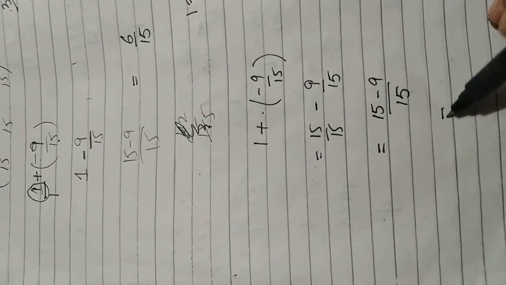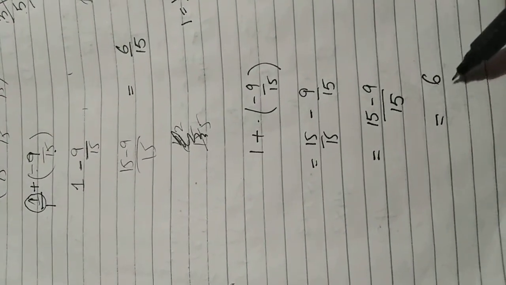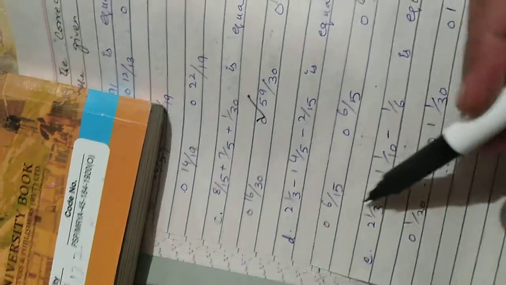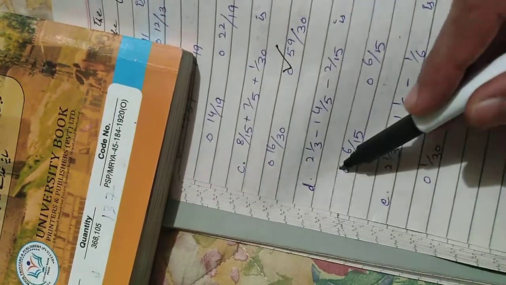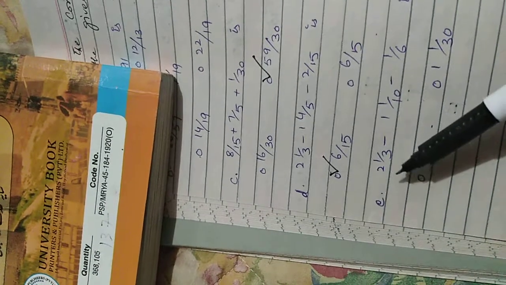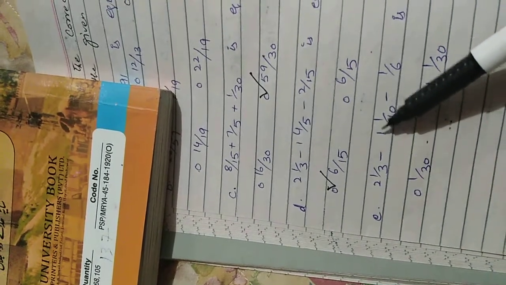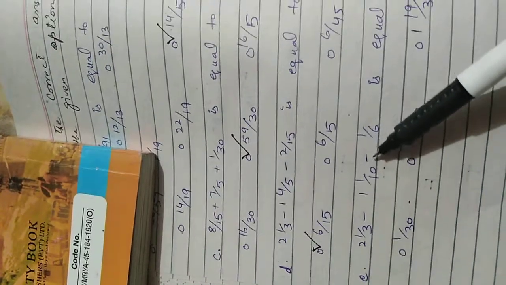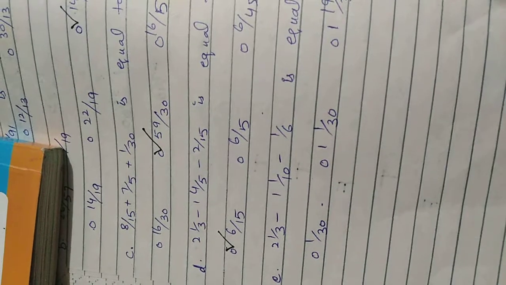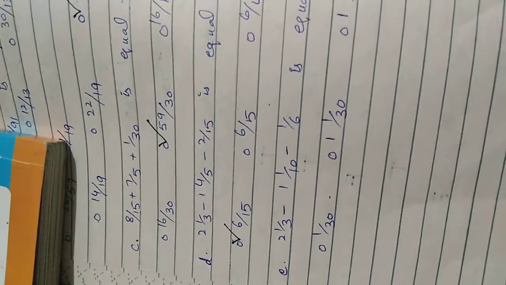Now we subtract 15 minus 9 and write the denominator one time. 15 minus 9 is equal to 6 over 15. So here the first option is 6 over 15.